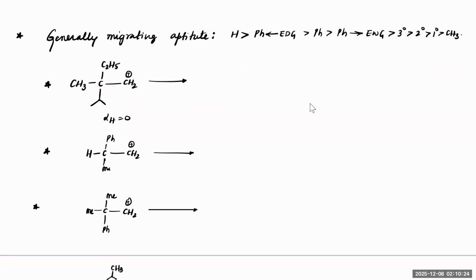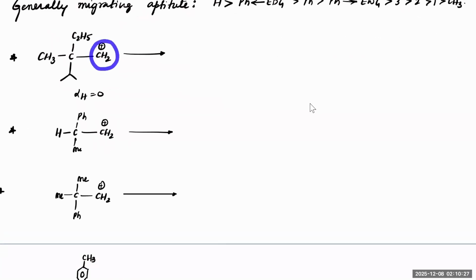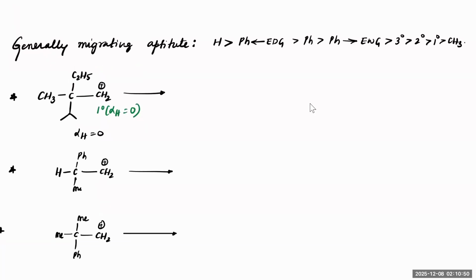Let me show you some cases here. For example, the carbocation is here. Now this is a 1 degree carbocation and the number of alpha hydrogens is 0.